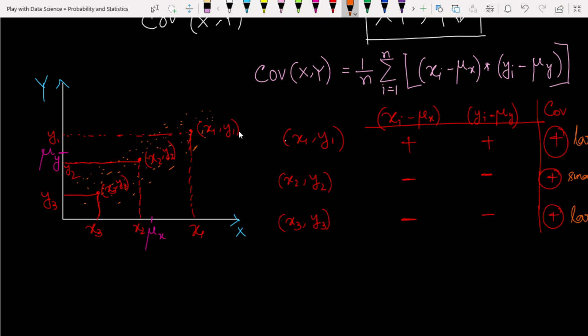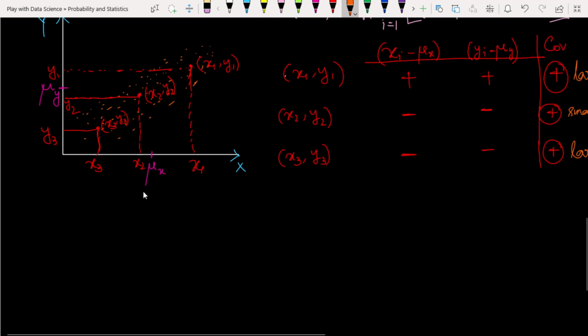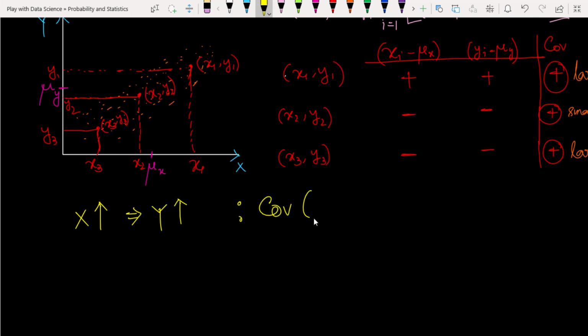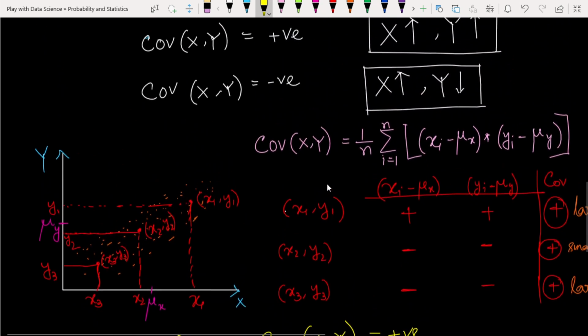So if our data set looks like that, we can conclude that if our random variable x increases, then y also increases. For this kind of data set, the covariance of x, y will always be positive. I think you have understood this from this case.